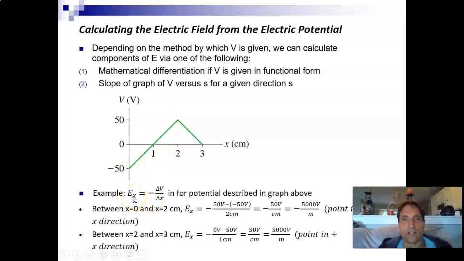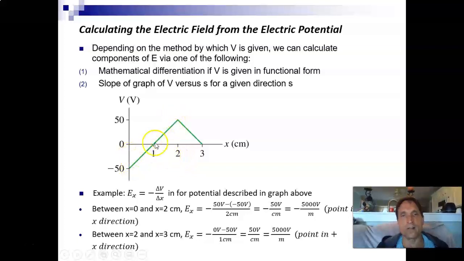So let's do it here. Delta V is V final minus V initial, which is 50 minus a negative 50. So delta V is positive 100 volts in 2 centimeters. The voltage increases by 100 volts in 2 centimeters.